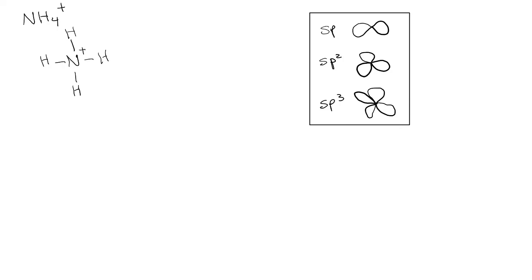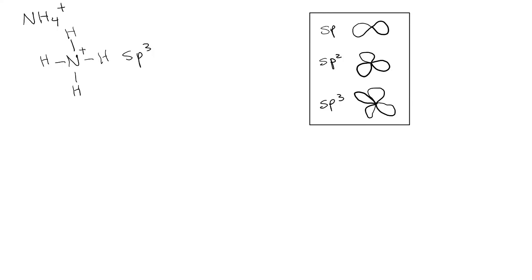The sp we know is going to form a linear structure, so it can't be that. Then if we look at the sp2, we know that forms a trigonal planar structure, so that doesn't match up. It also doesn't have enough bonding areas available to form 4 different bonds. So we know that can't be it. Then we look at the sp3. We know that the sp3 adopts a tetrahedral-like geometry. So we know that this compound would end up being sp3.